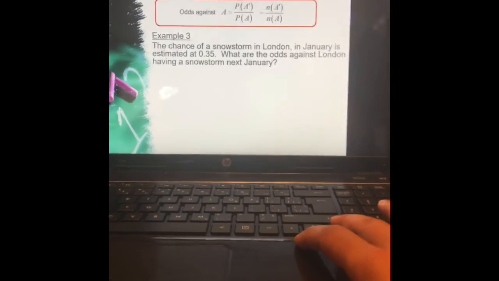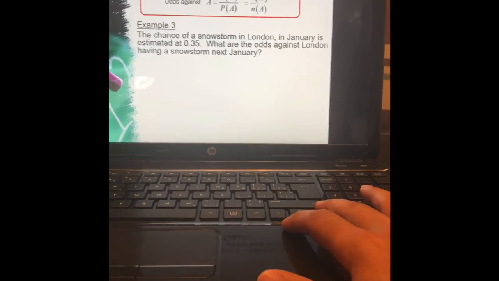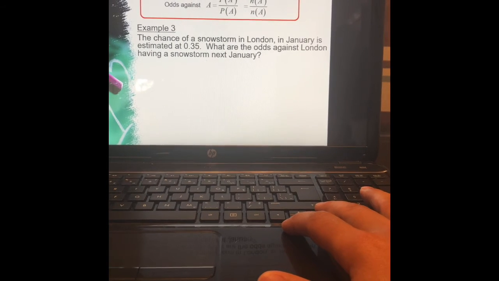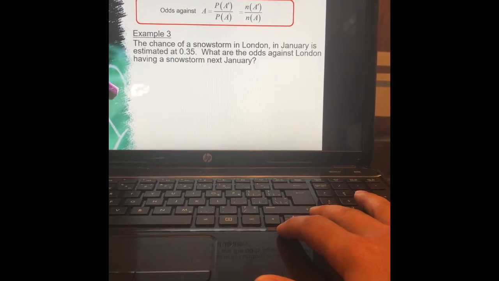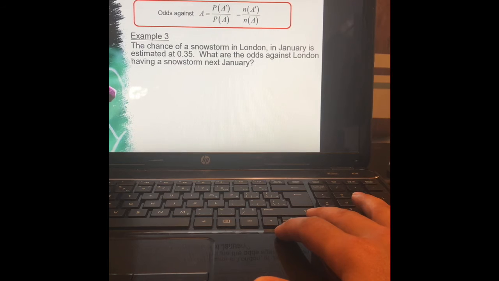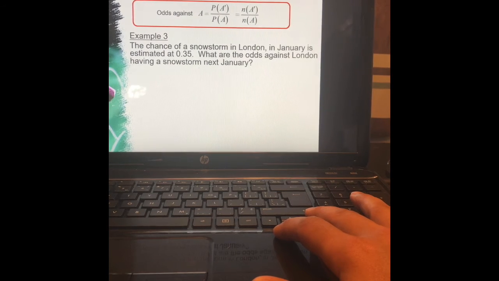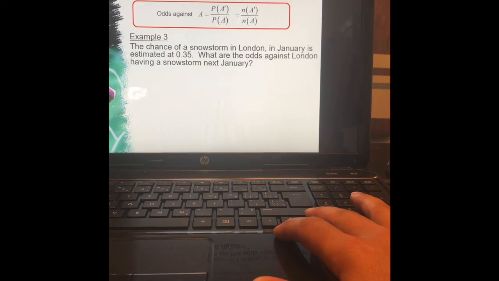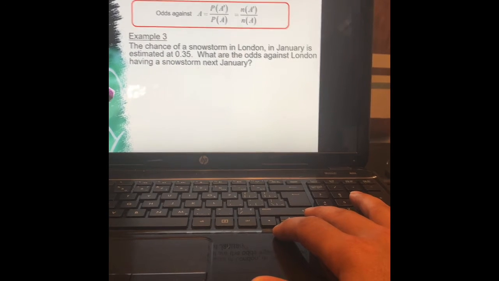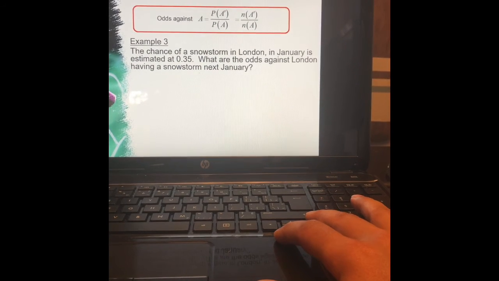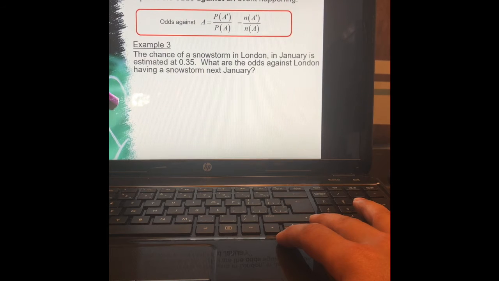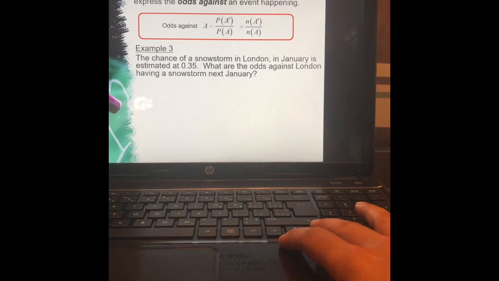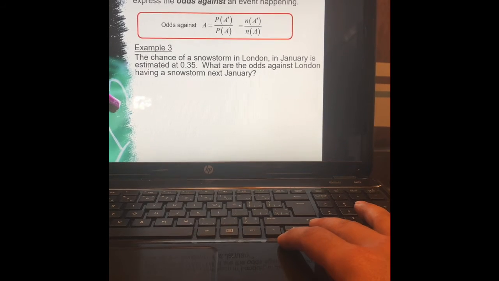Chance of a snowstorm in London in January is estimated at 0.35. What are the odds against London having a snowstorm? So if probability of it happening is 0.35, probability of it not happening is 0.65. Sorry, so 0.65.